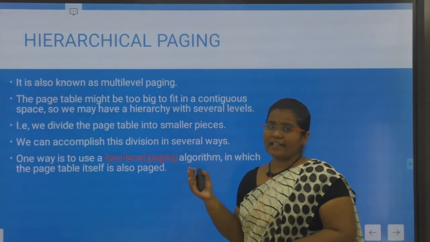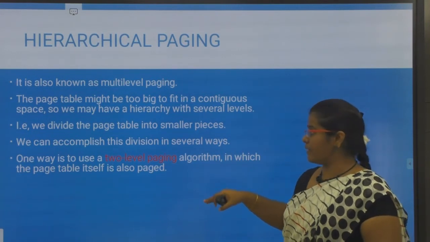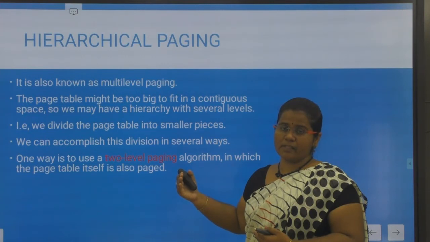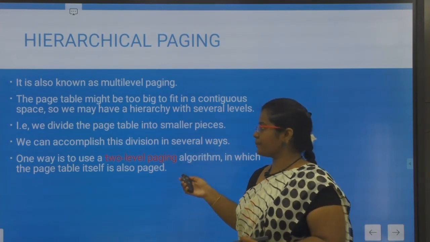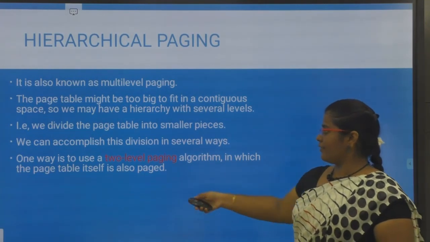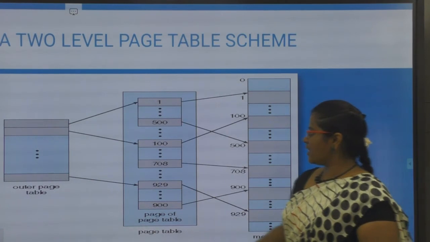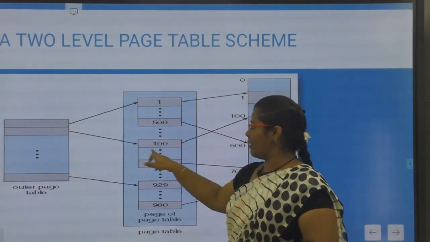So in hierarchical paging, the name itself indicates you will have a number of levels of page tables. You can put a number of levels of page tables based on the number of pages you are going to store. So one way is to use 2-level paging. Let us go with the diagram. This is the outer page table which contains the pointers to the next level page tables.